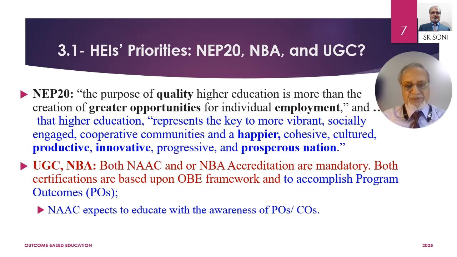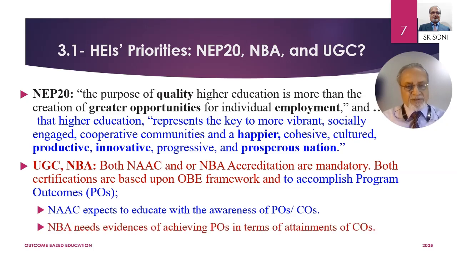It is not compulsory to maintain records of the accomplishments and attainments of COs, whereas in NBA, the evidence of achieving POs in terms of attainments of COs is mandatory. So you have to keep on recording the accomplishments and attainments of all the students and keep this record for showing to the regulators for quality assurance.